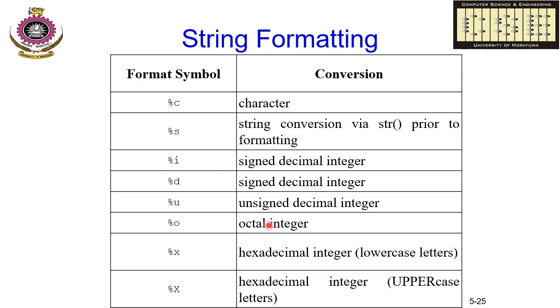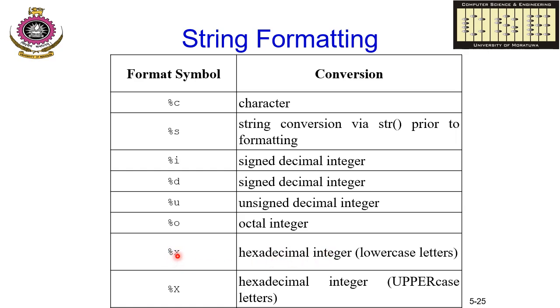So octal numbers, a different number system, can also be represented in the Python output, and you can format them accordingly using this percentage o symbol. Another number system is hexadecimal.